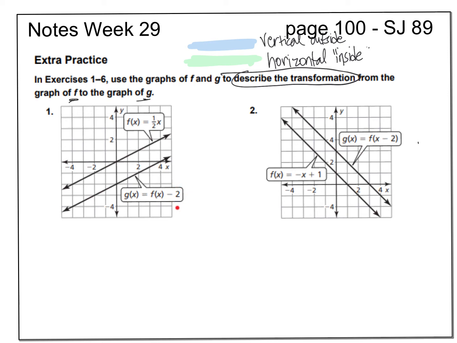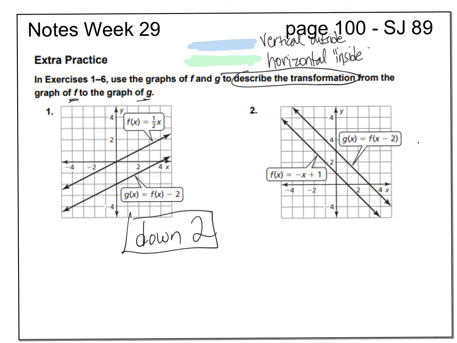Well, it's on the outside. So that means the f of x function is being moved vertically. Outside, vertical is up or down. This represents down 2. So I'm going to put down 2 as my description. Now the book would probably say translated down 2 units, but I'm okay with you just putting down 2.